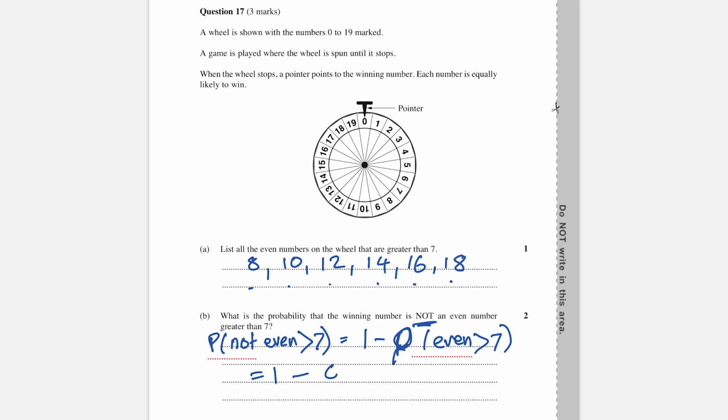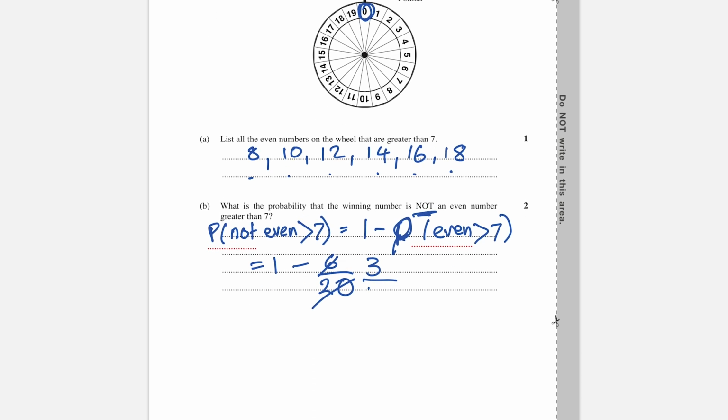So 6 out of, and we have 20 numbers total, so 19 plus the 0. Remember to add that 0. So 20 numbers total. We can simplify that down. 2 goes into 6 3 times, and 2 goes into 20 10 times. So 1 take away 3/10 is going to be 7/10. And that's going to be our answer.